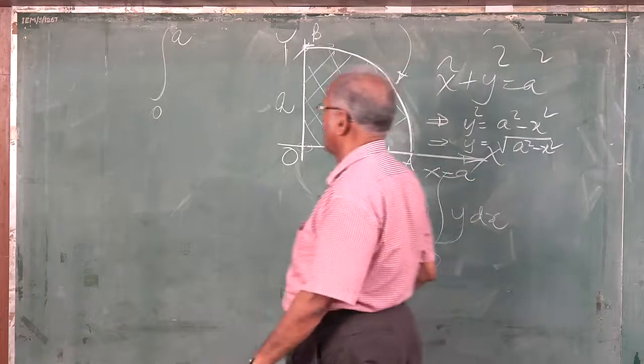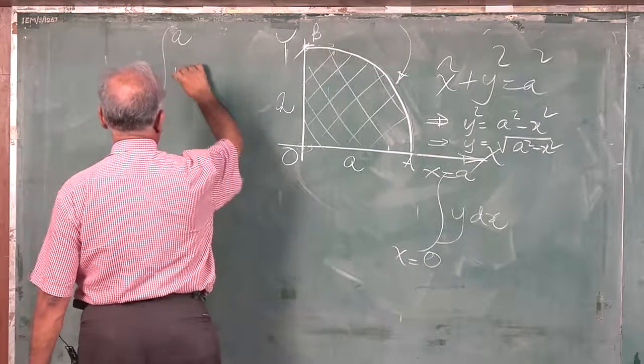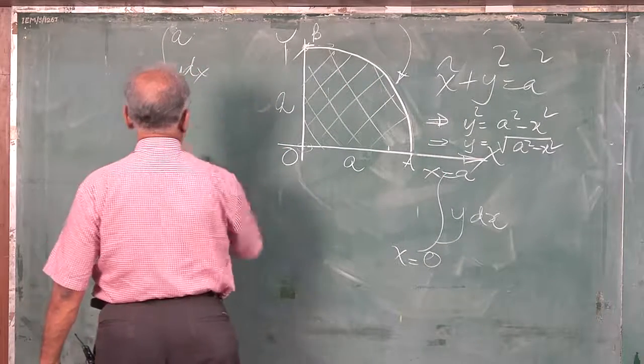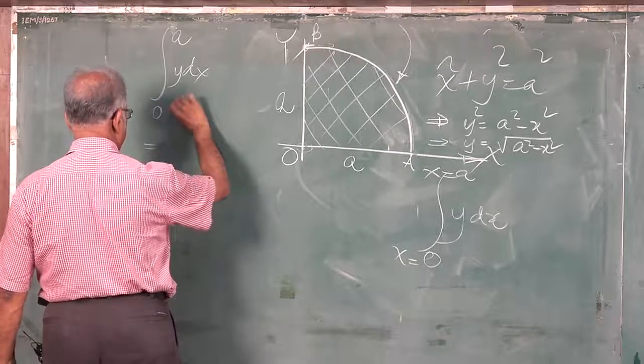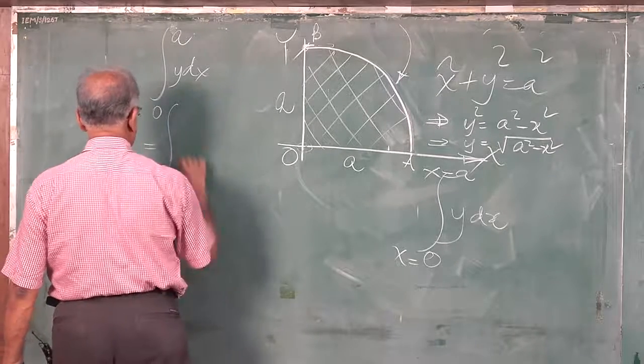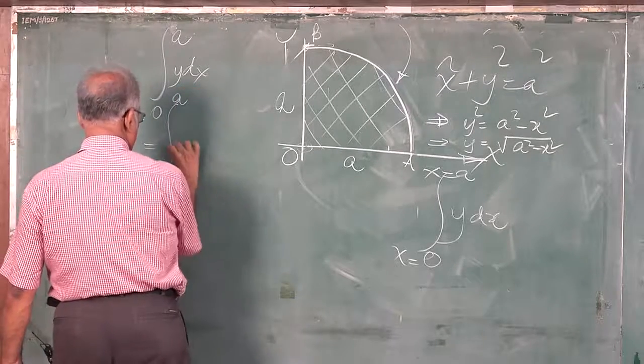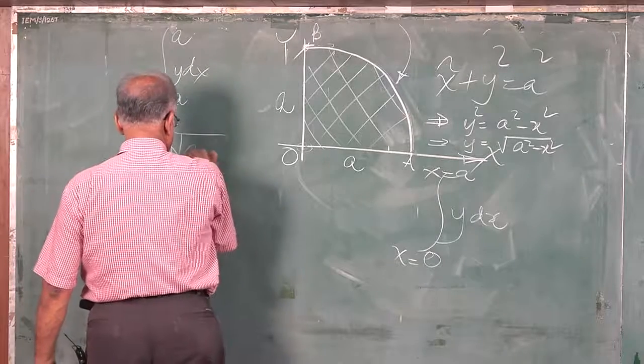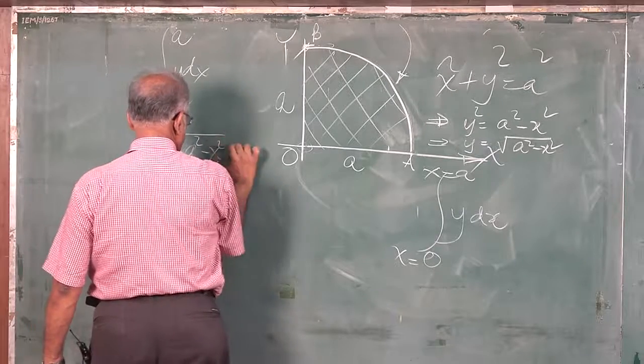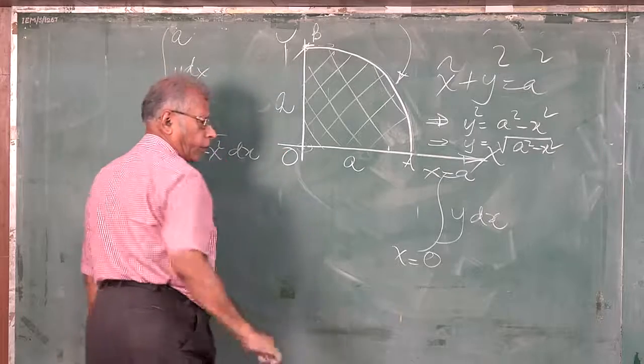That's fair enough. So, when we write y dx, we have every right to write that the required area is integral 0 to a of under root a squared minus x squared dx.